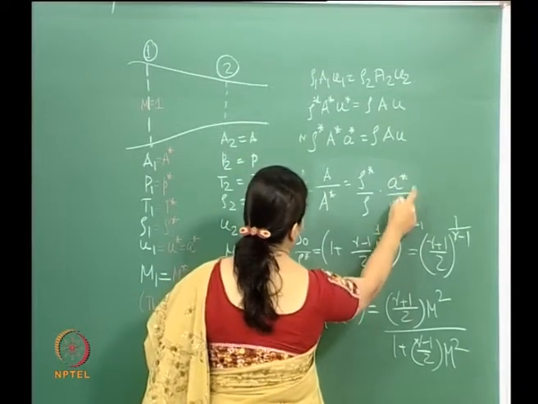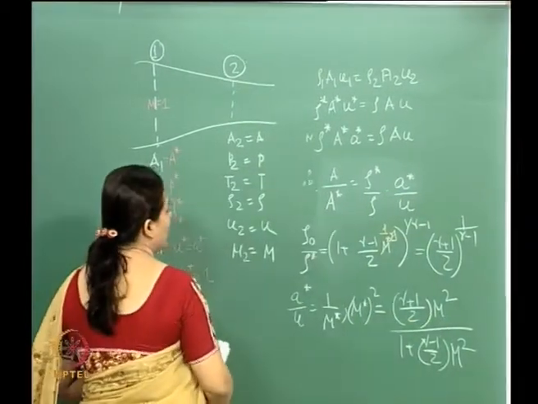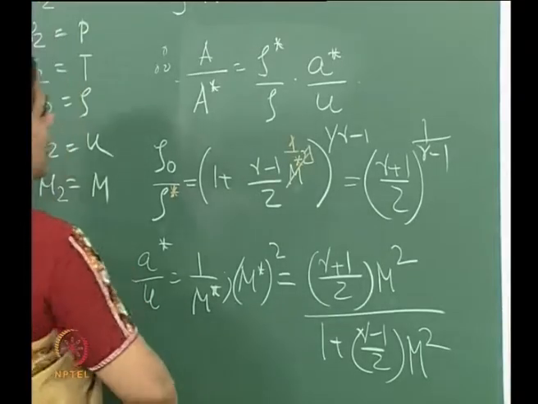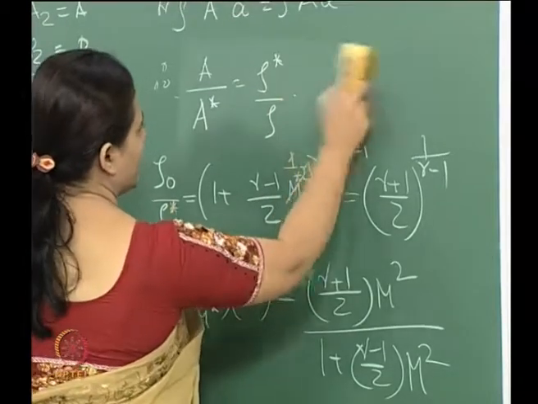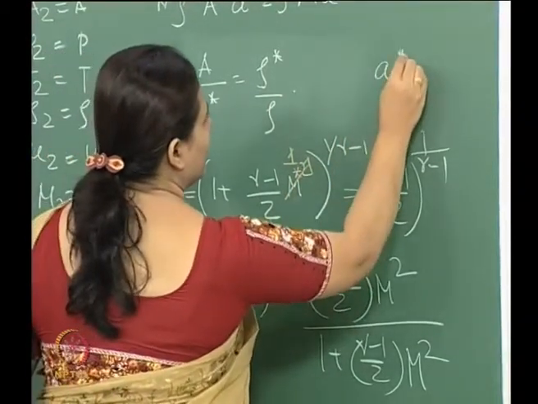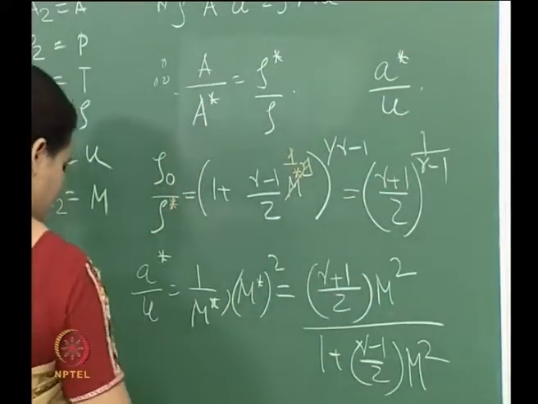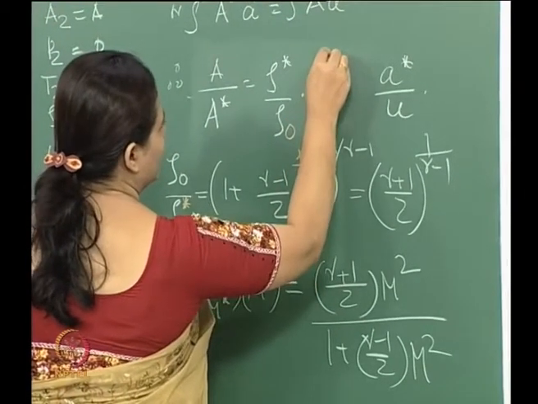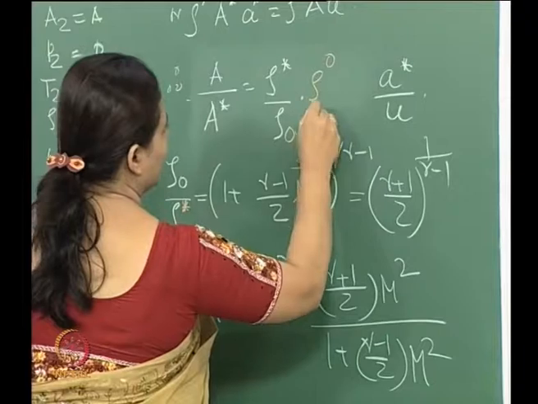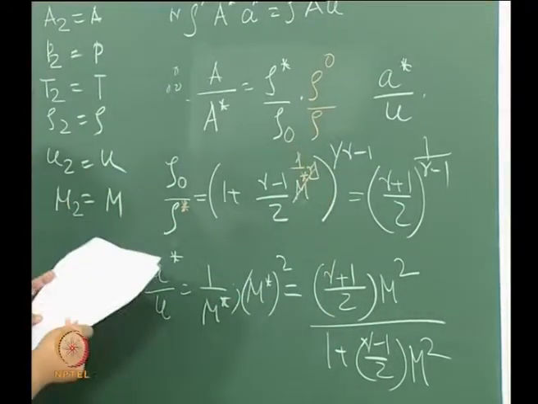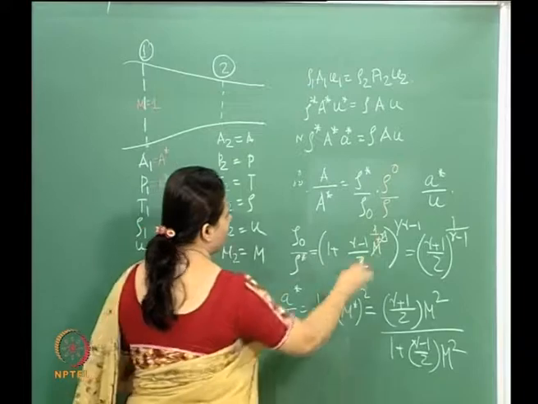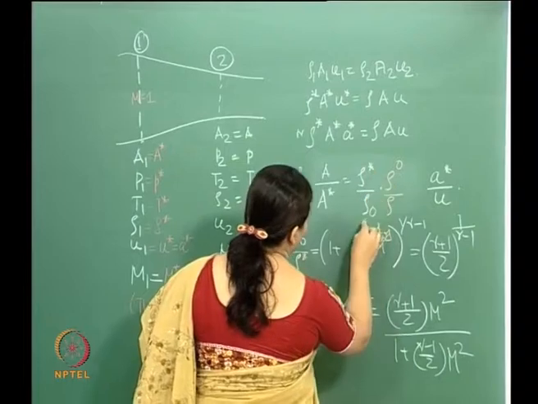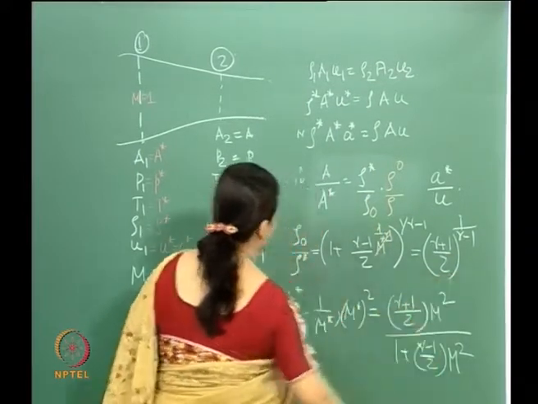So, we have an expression for this in terms of the Mach number, and how are we going to do this? We are just going to play around with that, and we are going to say that this is equal to A star by u. So, we get this. Now for rho naught by rho we have an expression in terms of M, and rho star by rho naught we have an expression which is equal to this.